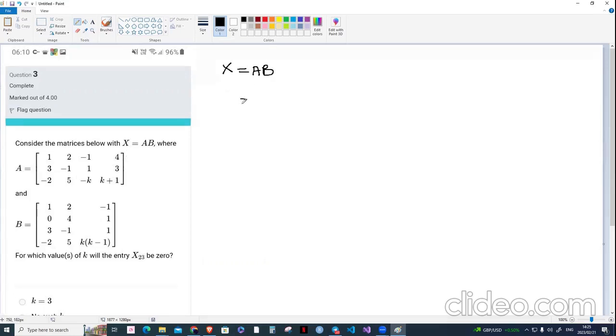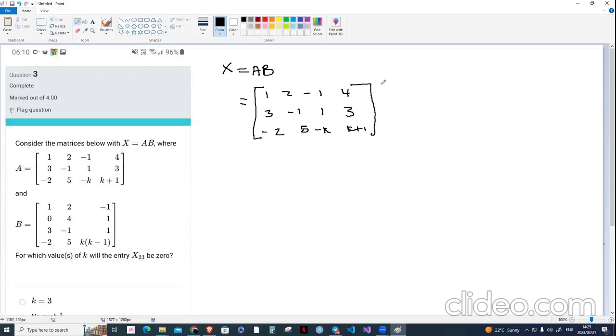Our A is this matrix: 1, 2, minus 1, 4; 3, minus 1, 1, 3; minus 2, 5, minus K plus 1.